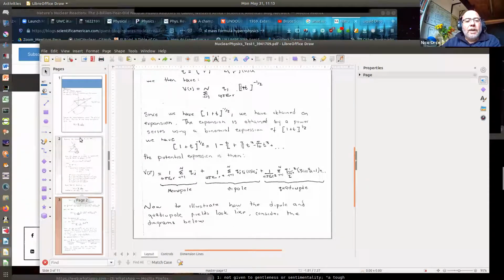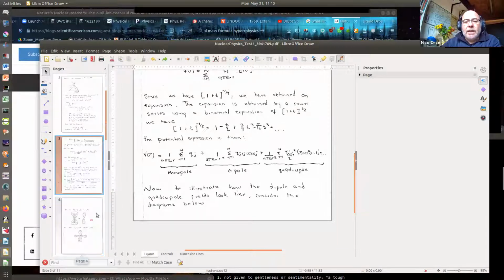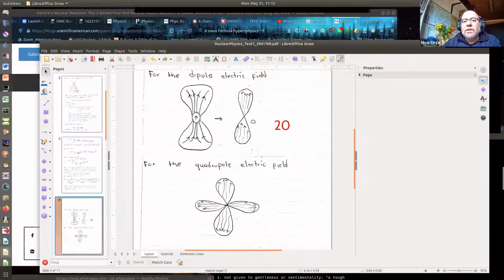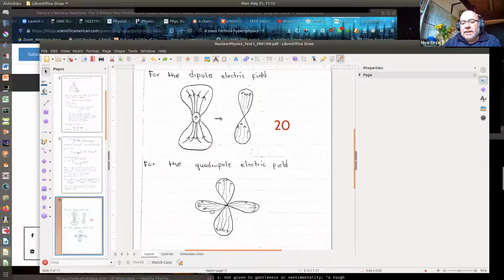Another point I want to make clear is this. This is very well. These are the equipotential lines, and these are the electric field. Here there are slightly smaller blobs, but this is the quadrupole electric field, which is also good.